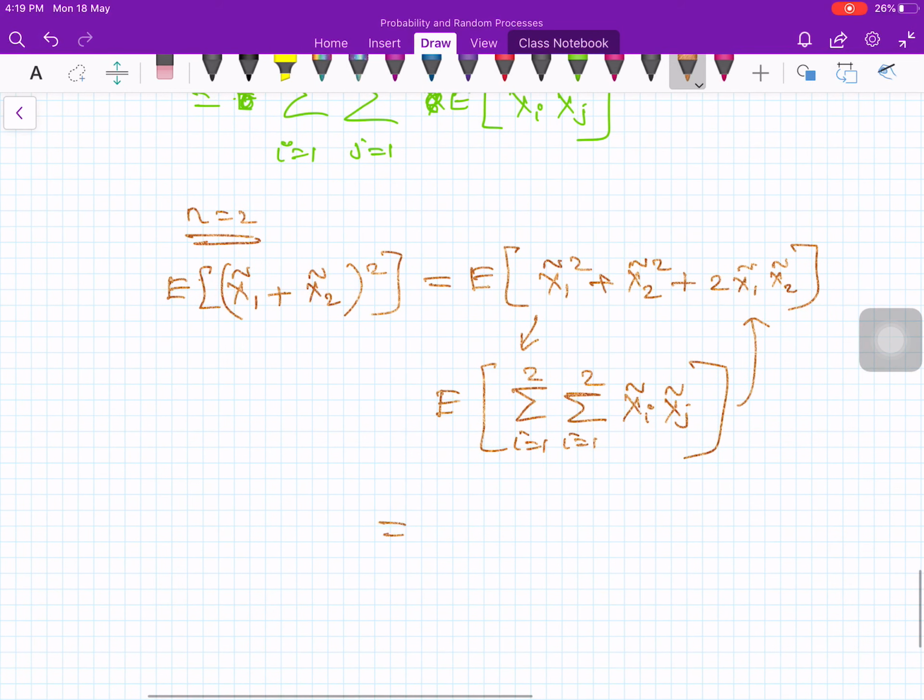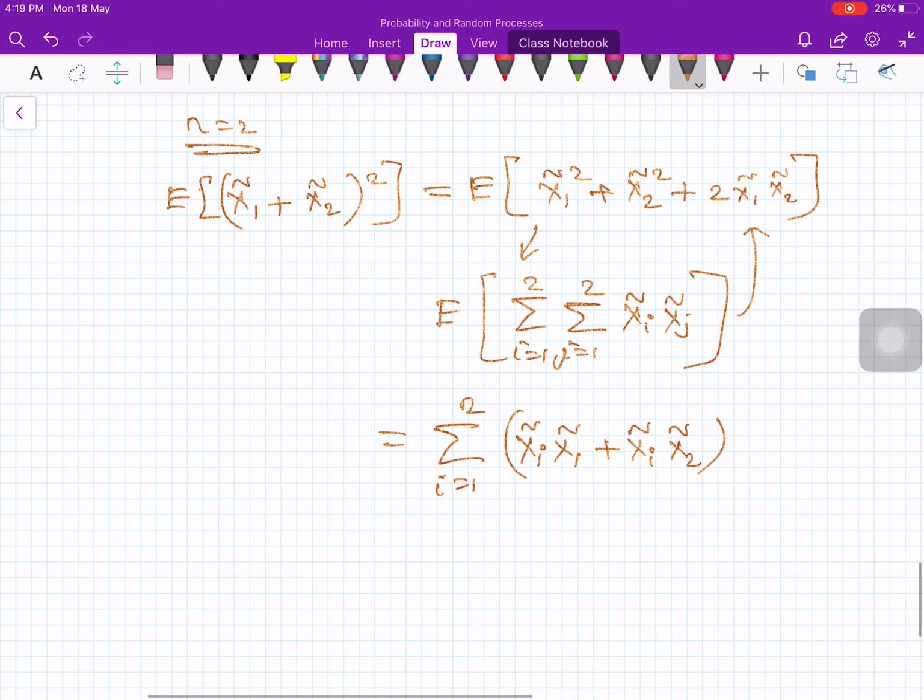So let me expand this. First let me expand the jth term. So summation i equal to 1 to 2, then xi tilde x1 tilde plus xi tilde x2 tilde, right? Then expand the second term.